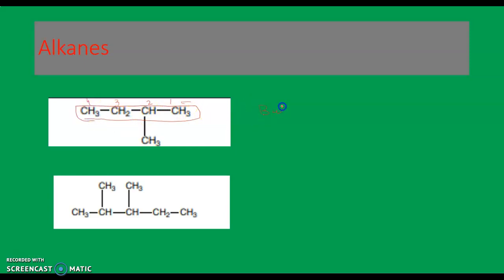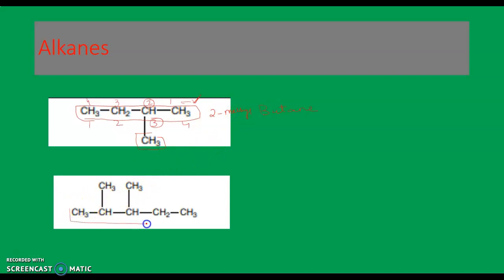So straight away we know the word root is but, and all straight chain means butane. Now you've got a side chain at position 2, but using the lowest number rule, we need to check which numbering gives the lowest number, and that's the numbering we pick. So position 2, 1 carbon substituent, so it's 2-methylbutane.